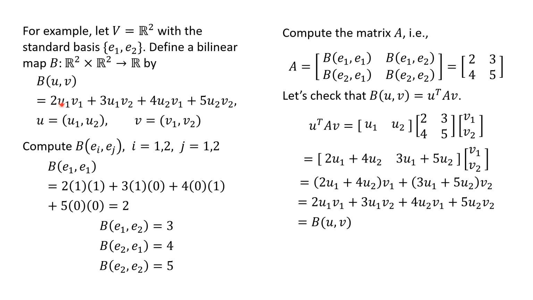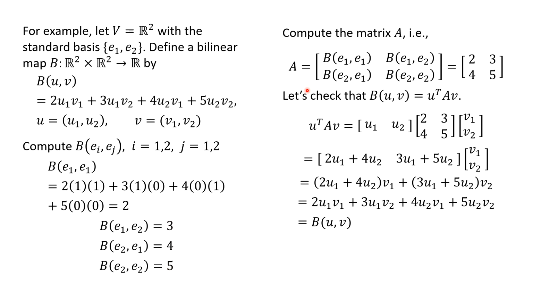If we use e1 and e1, then you're going to have 1 times 1 times 2. And then the second one is going to be 3 times 1 times 0. Then 4 times 0 times 1. And then 5 times 0 times 0. So these other three terms drop out, and you just get a 2. I'll leave it to you to do the other computations. It's pretty easy. You're only going to get one non-zero term in each case.